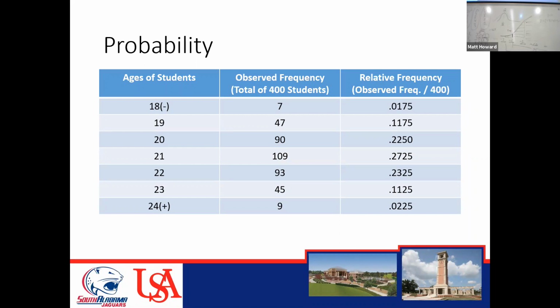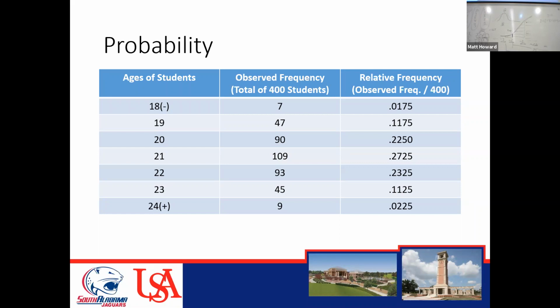So for the very first one, we only had 7 students that were 18 or younger. So we take 7 divided by 400, and that's 0.0175. So based on this, we could get an empirical probability estimate that in our sample across South Alabama, if we were to get a random student, we would have a roughly 2% chance of them being 18 or younger. Let's do it real quick with 19.